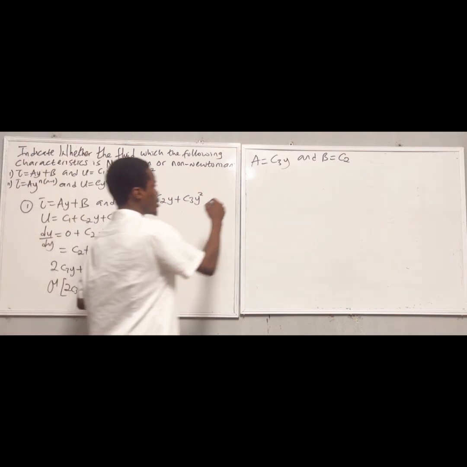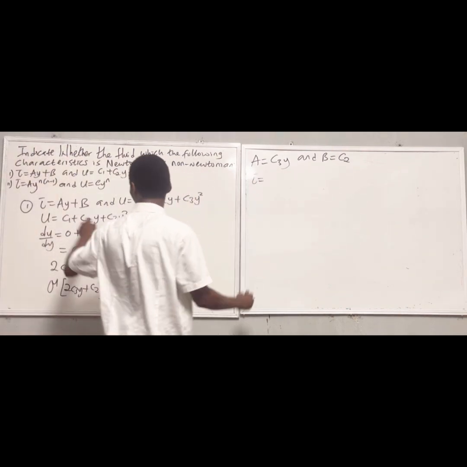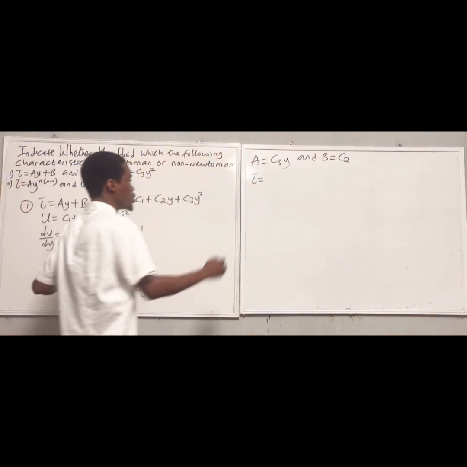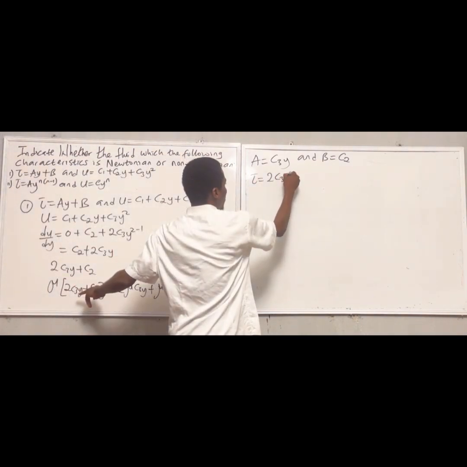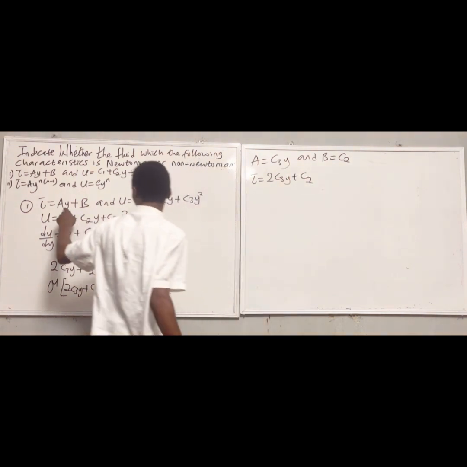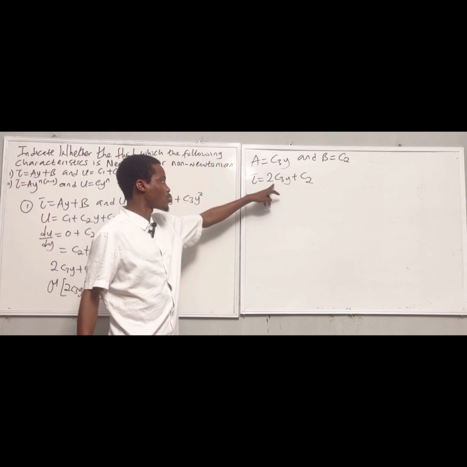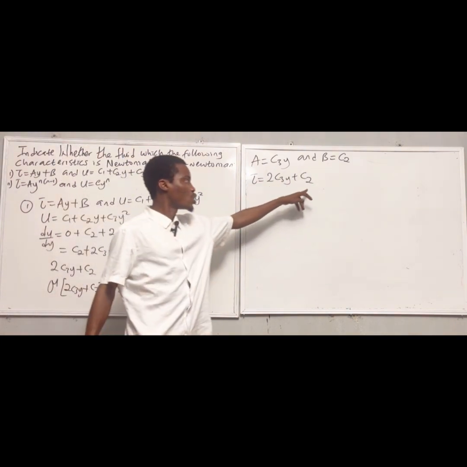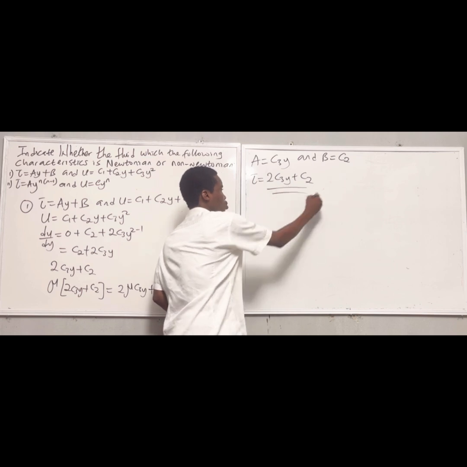That is, our shear stress is Ay plus B, with Ay as 2 mu C3Y and B as mu C2. So it behaves as a Newtonian fluid.